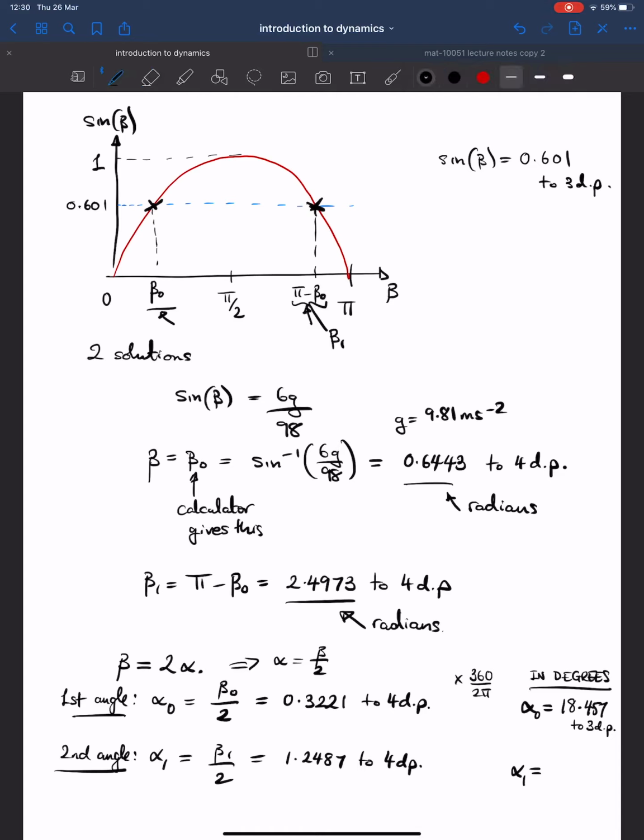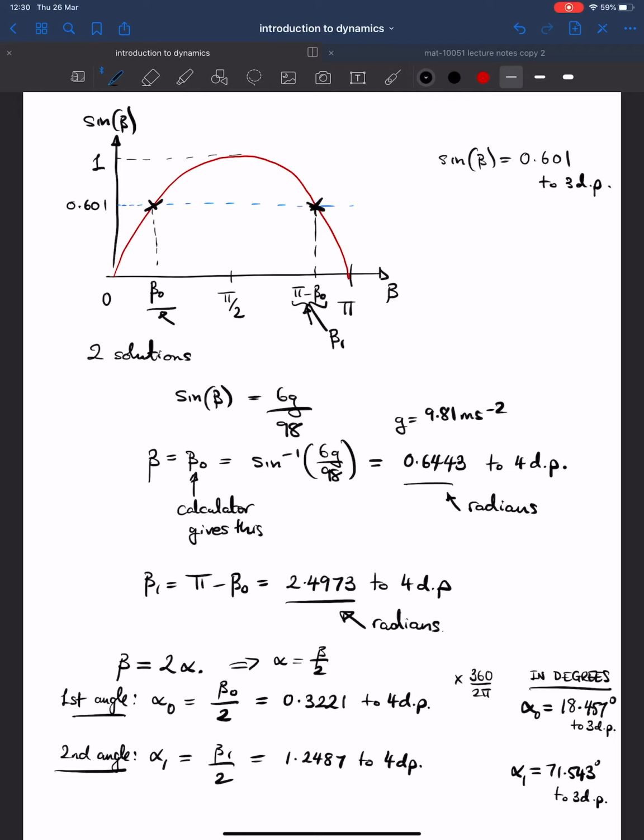And the last one I get is 71.543 to 3 decimal places. Again, I'm only presenting decimals to a certain number of decimal places for presentation, but I'm using full precision in my calculation. So there are the angles in degrees.